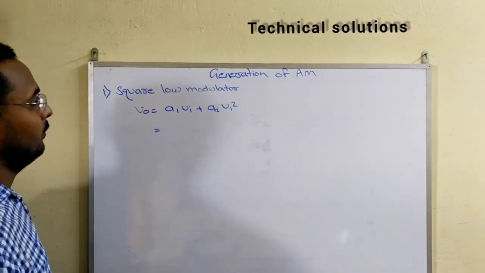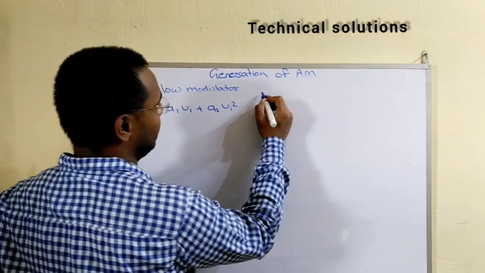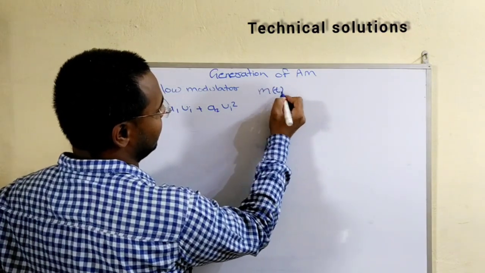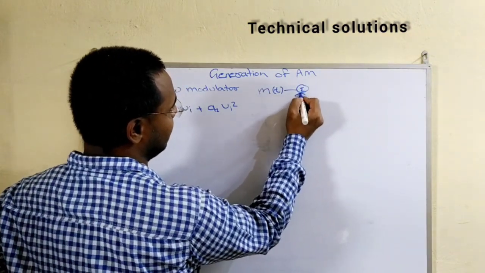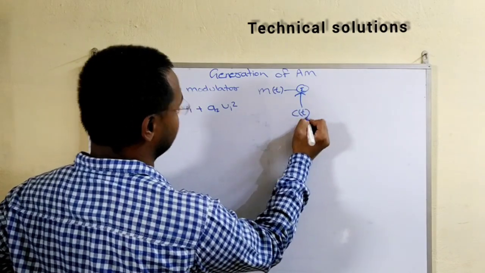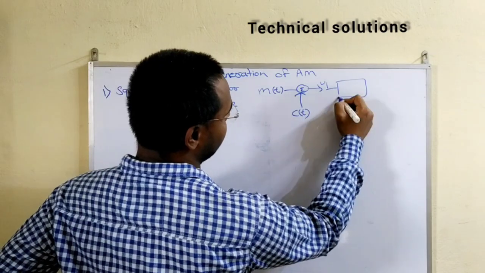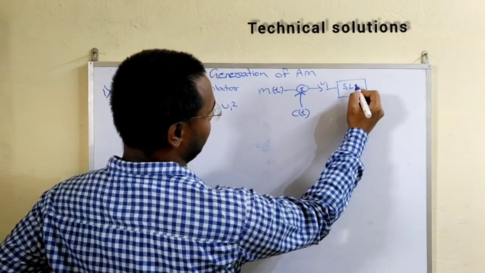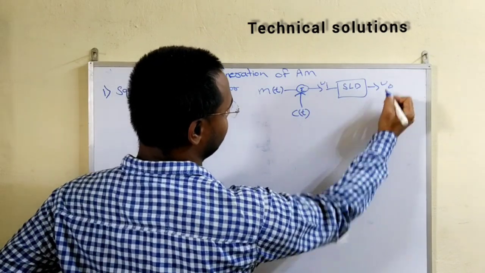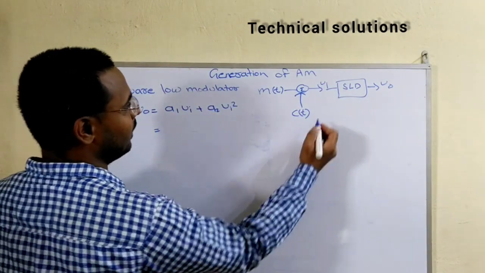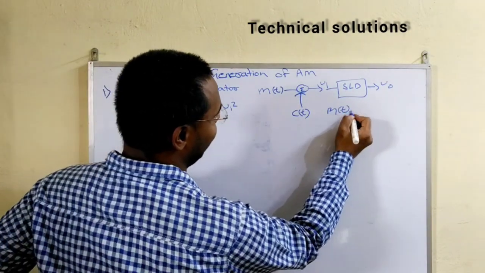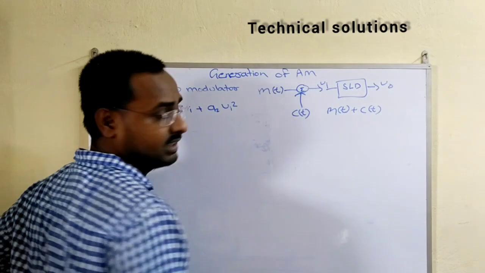Fine. What is Vi? In the structure of this square law device, here Vi goes into our square law device, and this is V naught. Vi is what? Mt plus Ct. Fine.